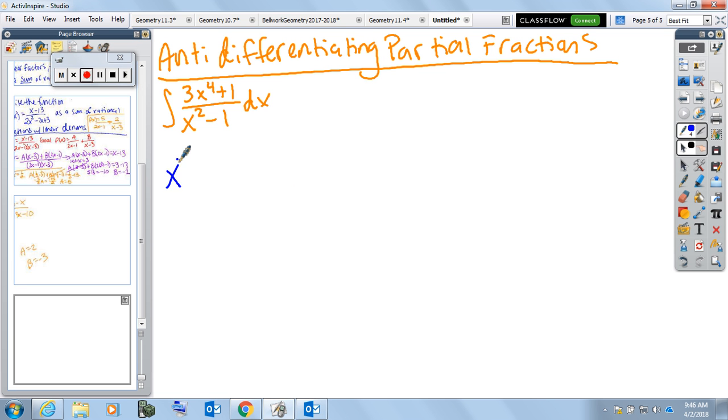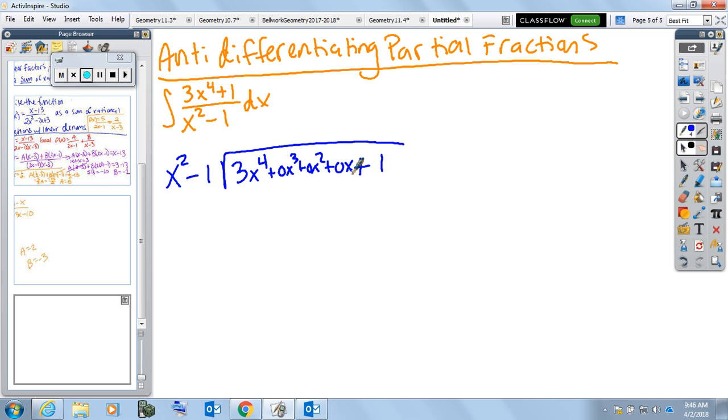So we need to divide x squared minus 1 into our 3x to the fourth. I'm going to put the plus 1 out here just because we have to make sure that we keep in mind our plus 0x cubed plus 0x squared plus 0x that's in there as well. Alright, now let's keep moving along.